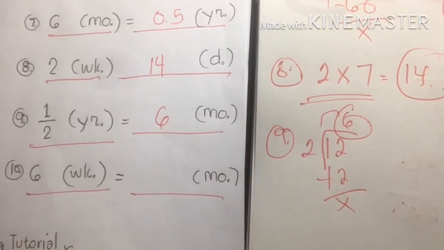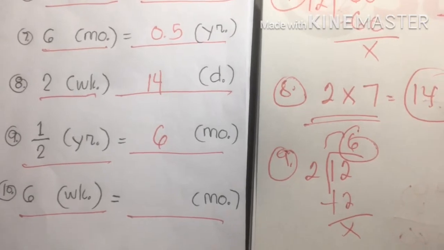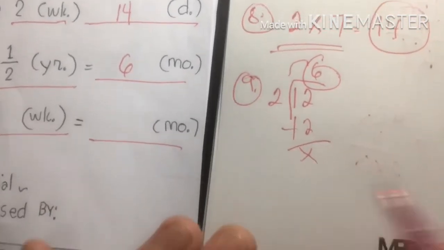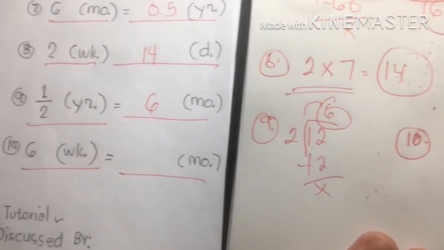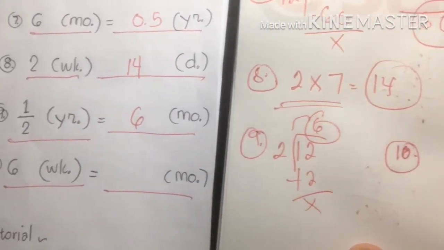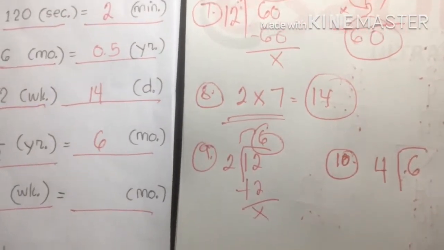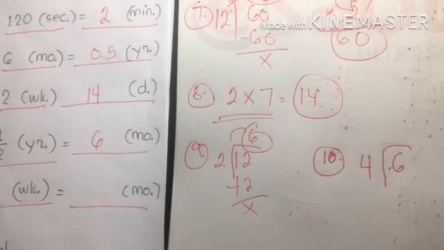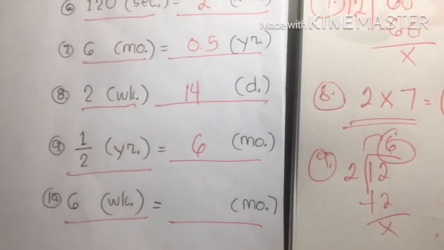Okay, next, 10. 6 weeks, how many months? Okay, that's conversion from weeks to months. So let's first jot down number 10. Please follow, guys. So we jot down 6, we divide by 4. Remember, in 1 month, we have 4 weeks.